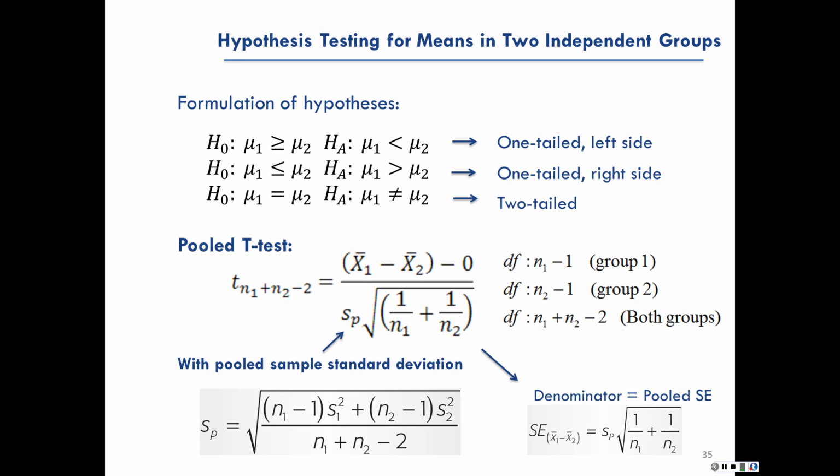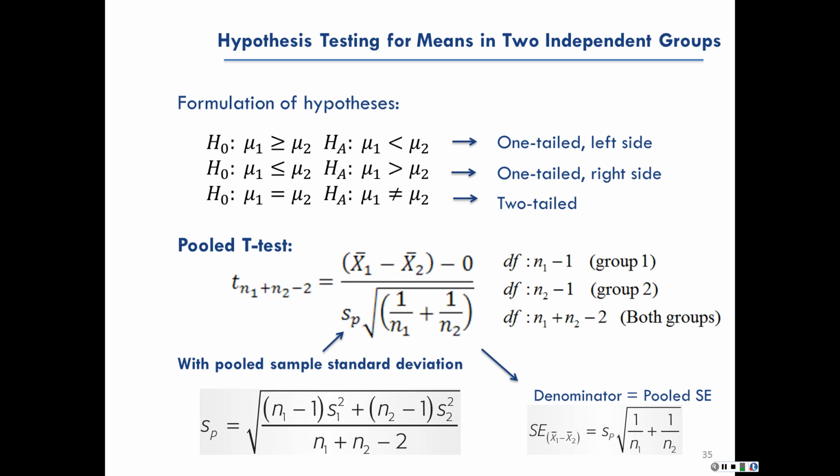As long as you have the sample sizes N1 and N2, and the sample variances, S1 squared and S2 squared, it's pretty easy to calculate. It just looks complicated. Interestingly, the entire denominator of the pooled t-test is also equal to the pooled standard error. You can see the formula at the bottom there.